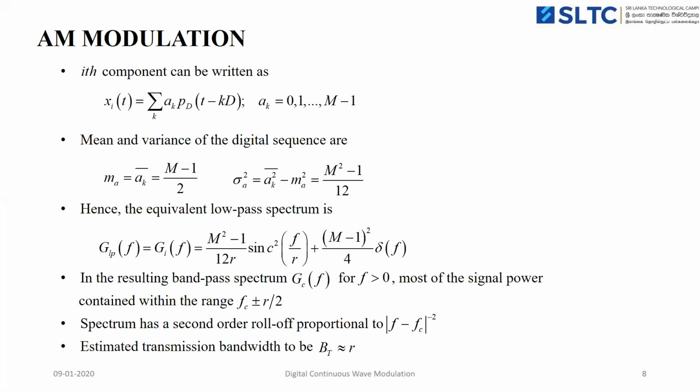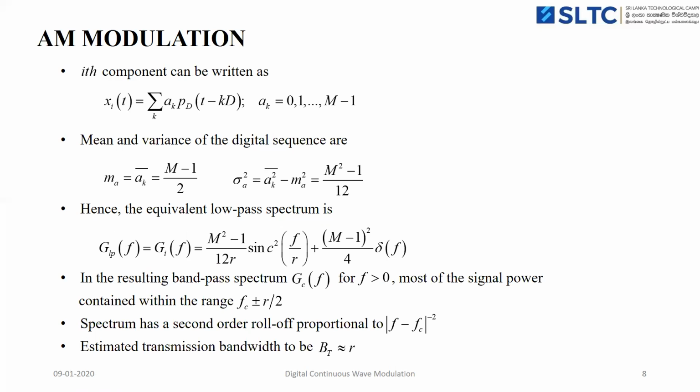The mean of the amplitude levels is ak bar equal to M minus 1 by 2, and the variance is sigma a squared, equal to M squared minus 1 by 12. Using that mean and variance, we can find the equivalent low pass spectrum G_LP(f) and finally derive the low pass power spectrum for the rectangular pulse.